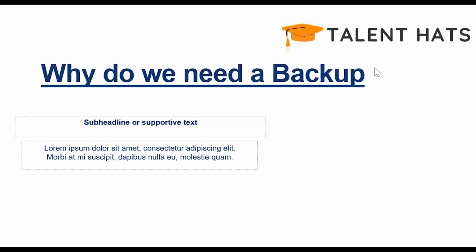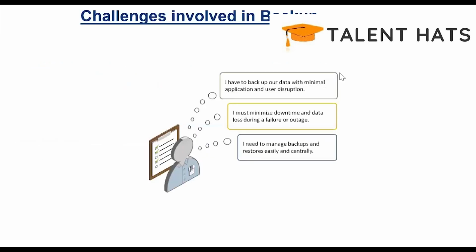This is about backup. Now, every project, whether storage or installing an OS or anything, has a few challenges, and backup has a few challenges involved too. What are those challenges? I have to back up data with minimal application and user disruption. When we back up, the user shouldn't get disturbed.